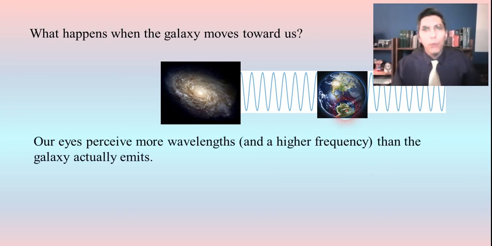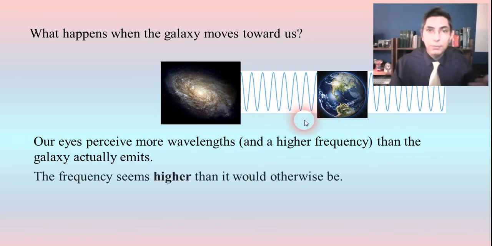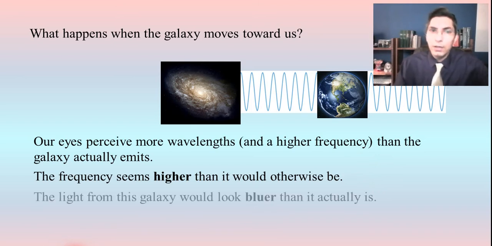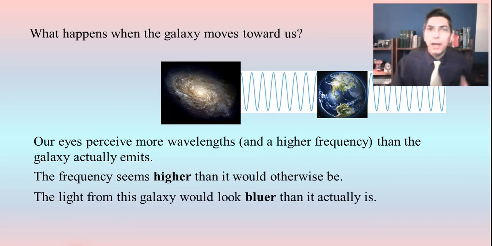We're perceiving more wavelengths and therefore a higher frequency than that galaxy actually emits. So what that means is, if the galaxy is moving toward us, the frequency seems higher than it would otherwise be. Now, if we go back to the electromagnetic spectrum that we looked at in the last video, that means that the light from that galaxy right here would actually look bluer than it really is.